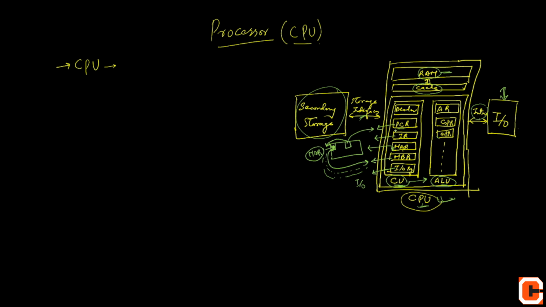The instruction register is responsible for that. It holds that instruction while it is being executed. And this decoder helps in decoding the data to and fro from the memory to the processor.